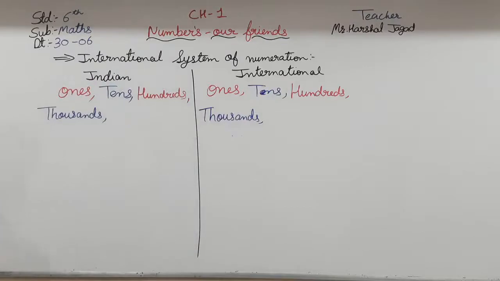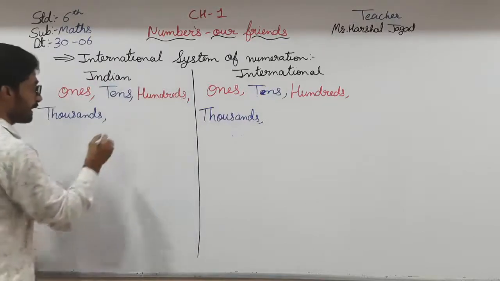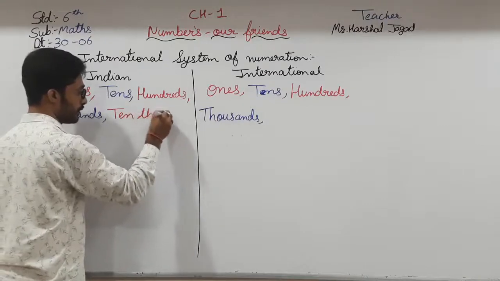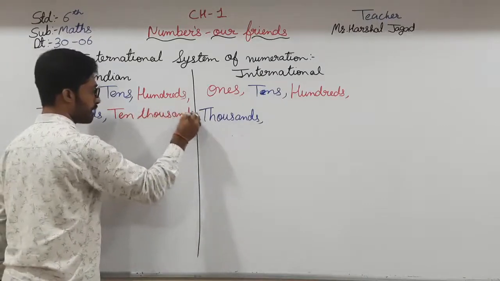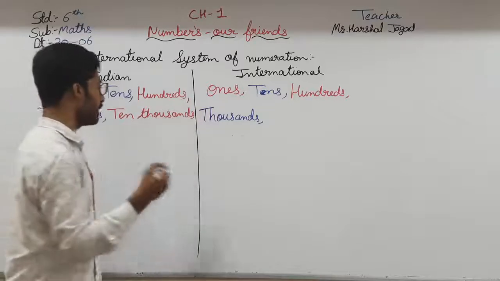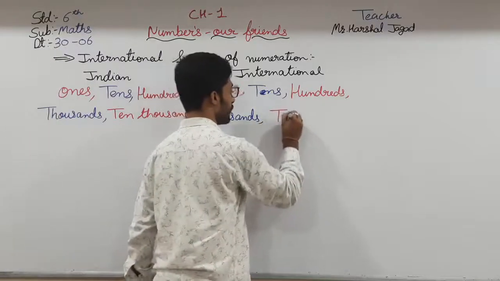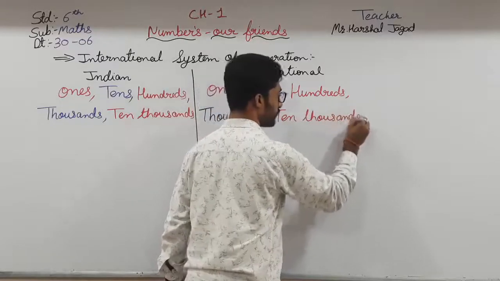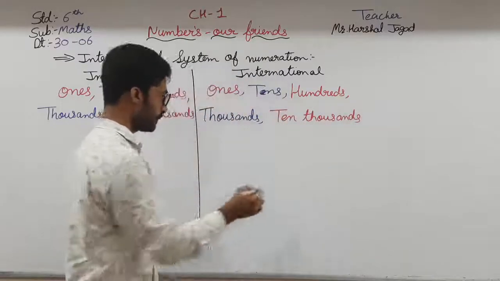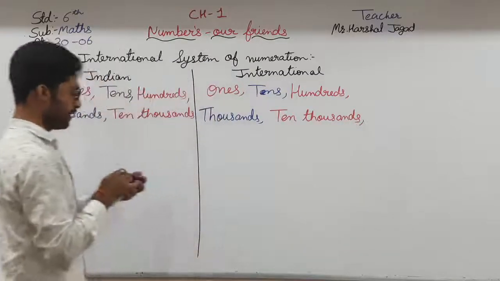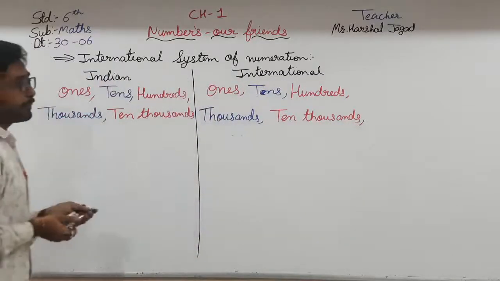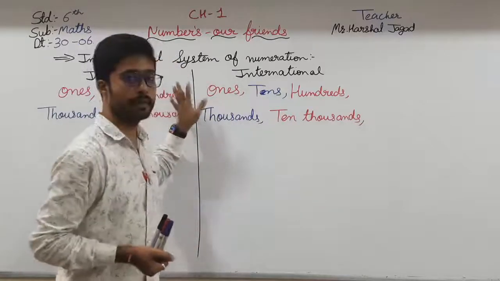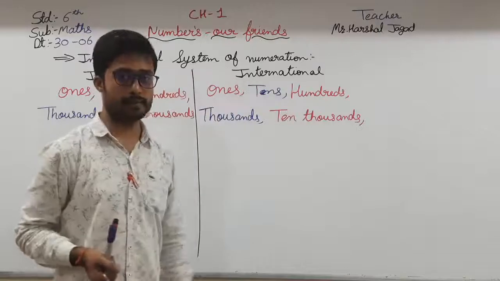Then moving further, here it will be 10,000 place, and here it will also be 10,000 place. Okay. Up till here, 10,000, both the systems, Indian and international, are the same.